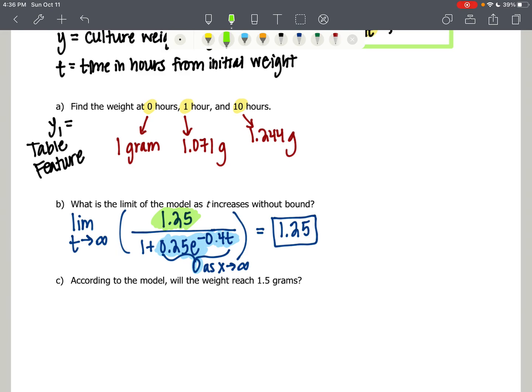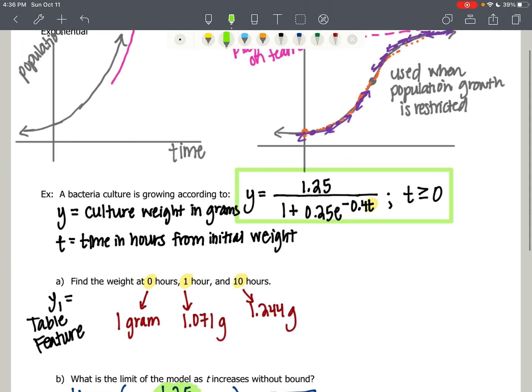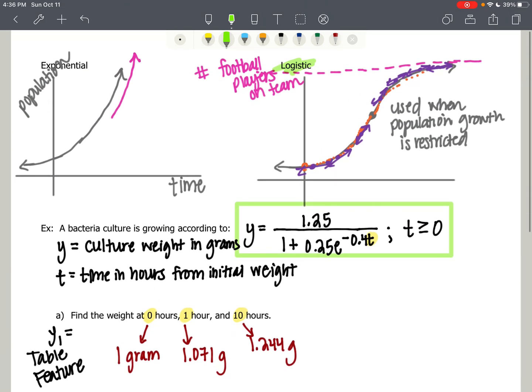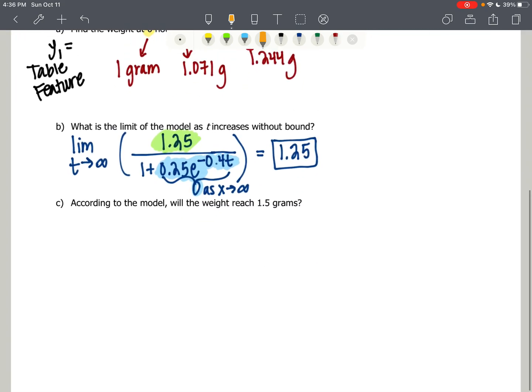So this 1.25 ends up being this value right here, this asymptote, that's your population restriction. That right there ends up being as high as we are going to be able to go growth-wise. Therefore, no.